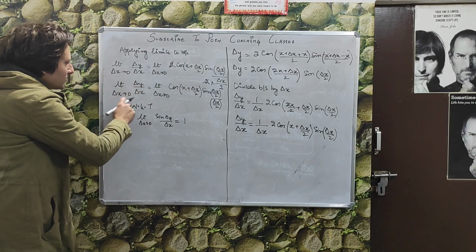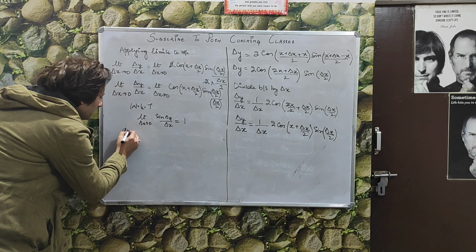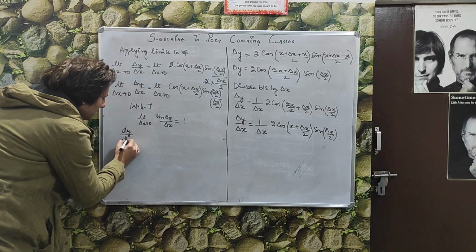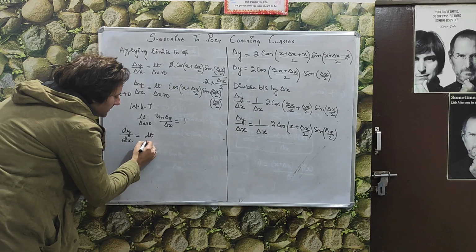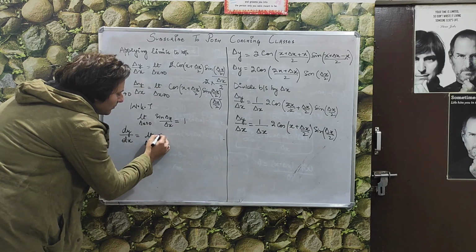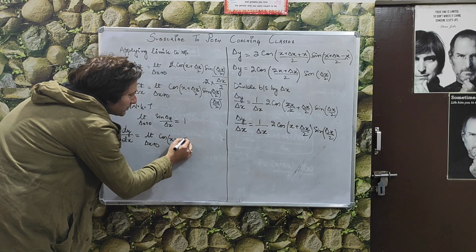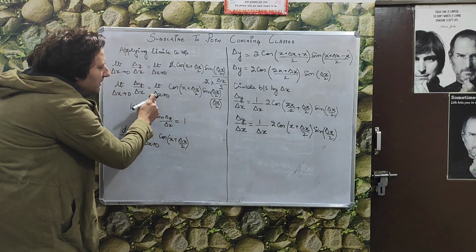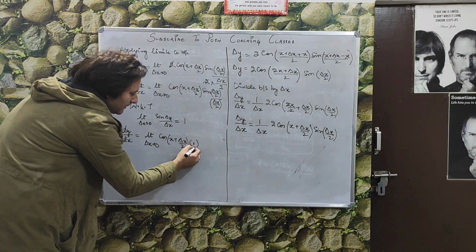So now, as I told you earlier also, this becomes dy upon dx. And now limit delta x tends to 0, cos (x plus delta x by 2), this whole thing, because of the limit and the same numerator and denominator, becomes 1.